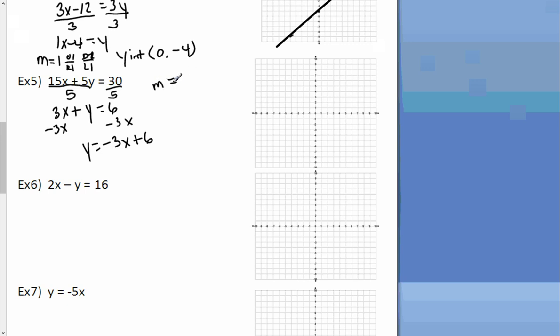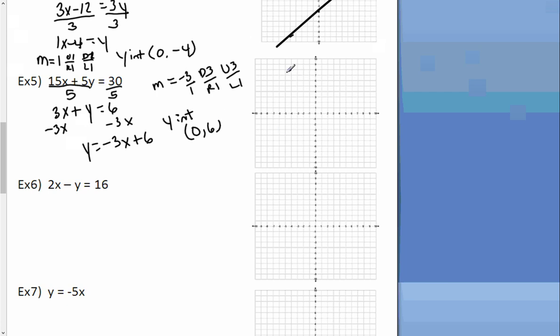This is where you should pause and try it yourself. The slope is going to be negative 3, which means negative 3 over 1, which is down 3, right 1, up 3, left 1. Y-intercept is 0, 6. And there you have it.